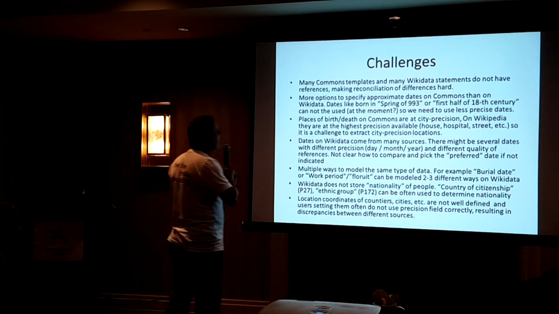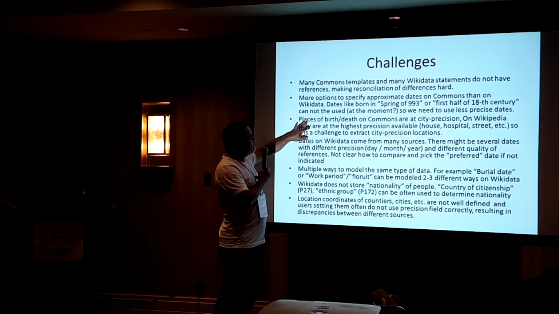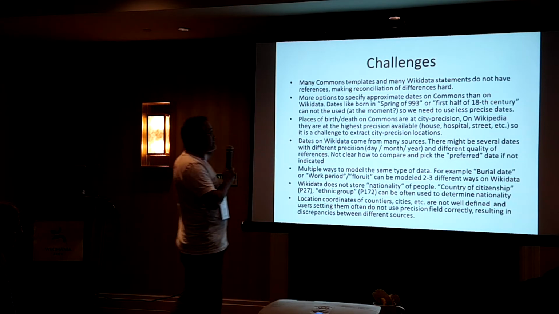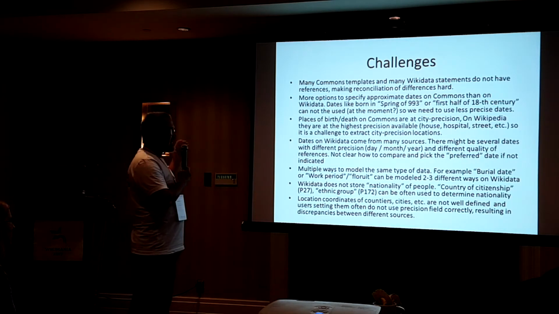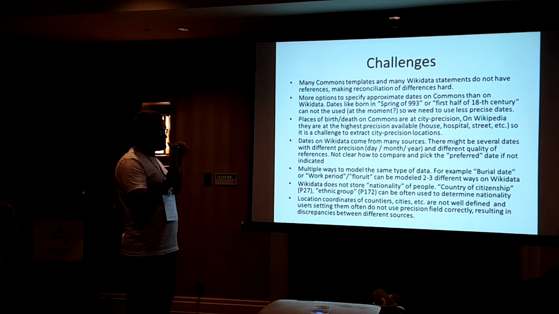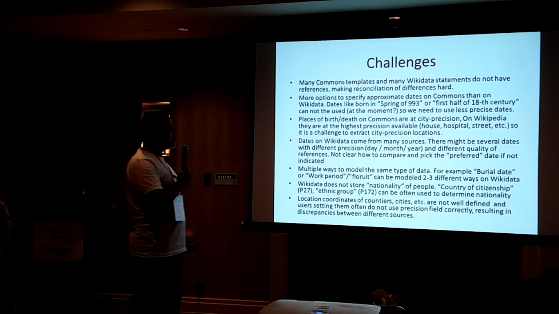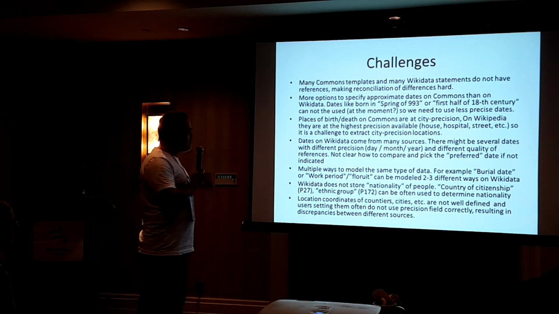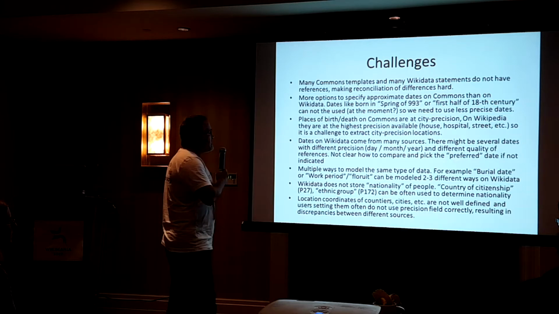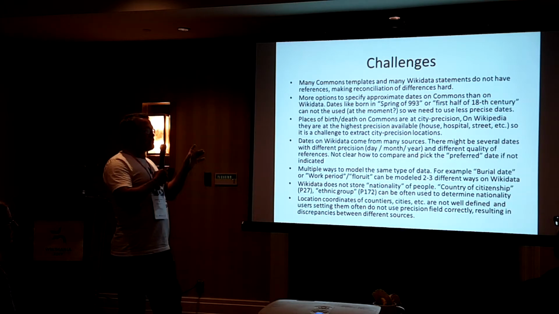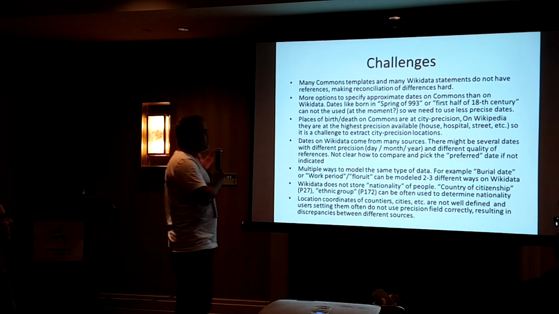Another thing that we run into is places of birth and death on Commons are usually with city precision. On Wikidata, it's the highest precision you can have. I mean, if you know the specific house, hospital room, or street, there is an item for it, and people are going to put a specific street. And I don't want to show a street where someone was born, I want to show a city.